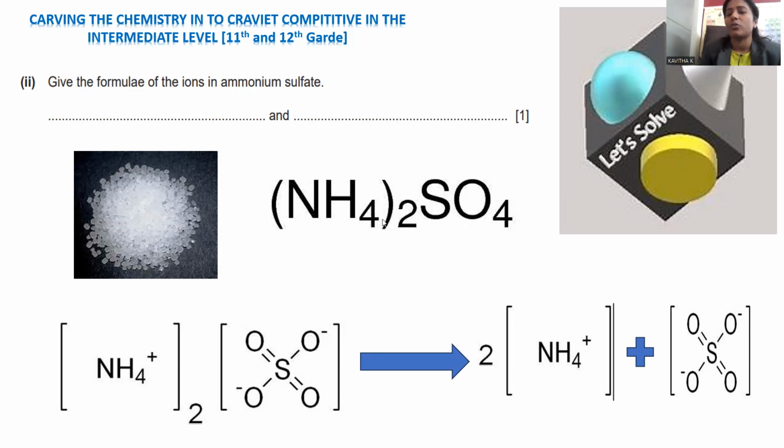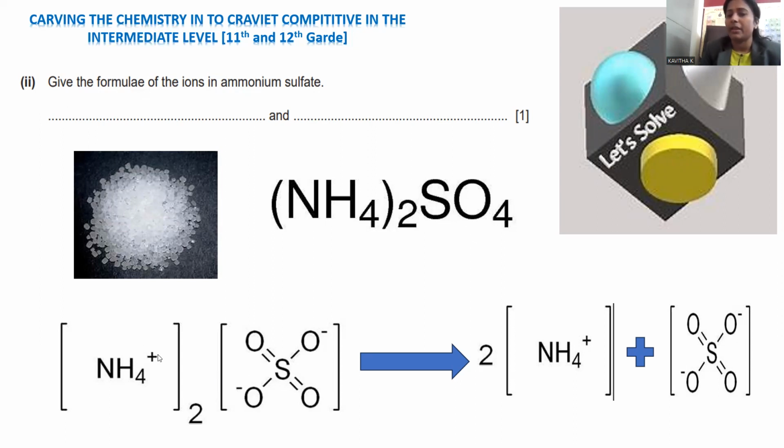First of all, we have to balance their valencies. Why are we writing ammonium twice and sulfate only once? Because sulfate is SO4 2 minus and ammonium is monopositive. Here you can see a di-negative charge, and here a monopositive charge.